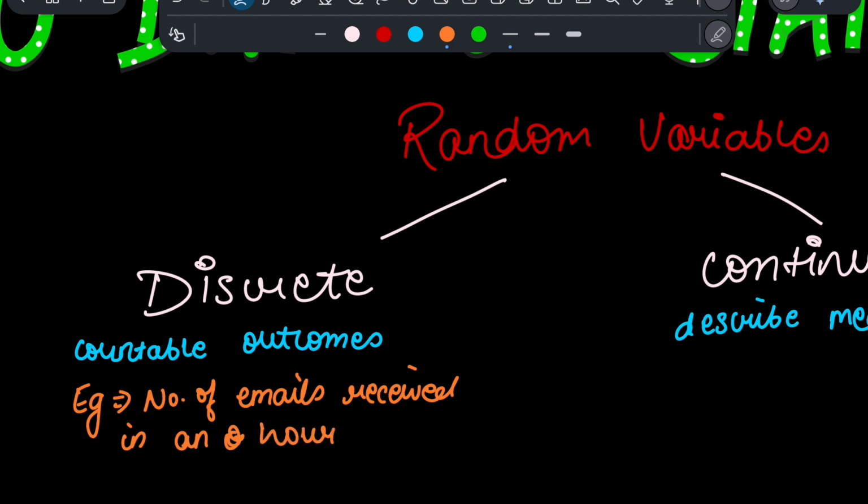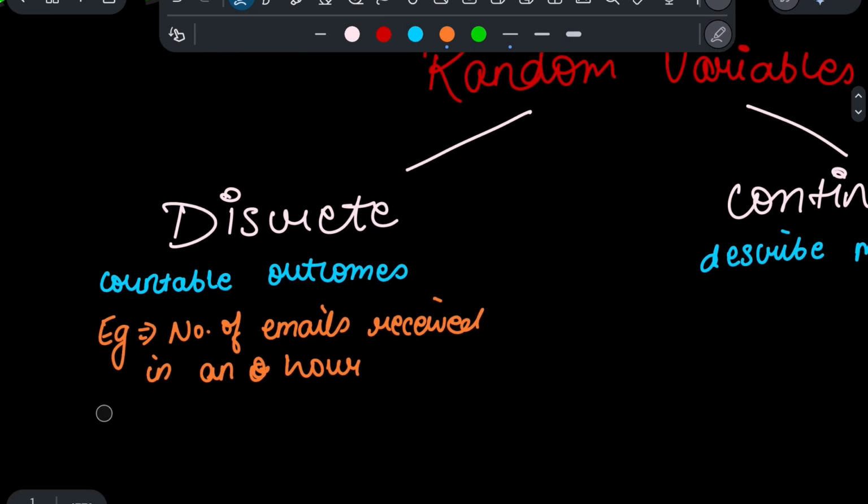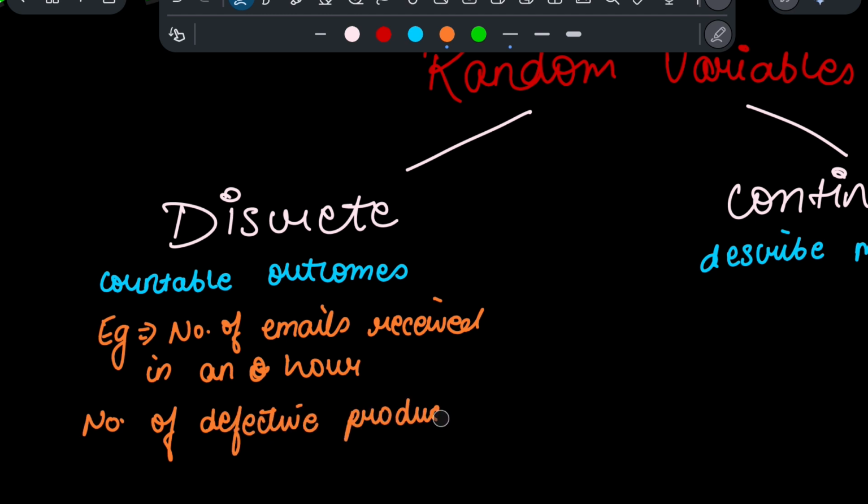And another example of a discrete random variable is the number of defective products in a batch. Each value has a specific probability in this.